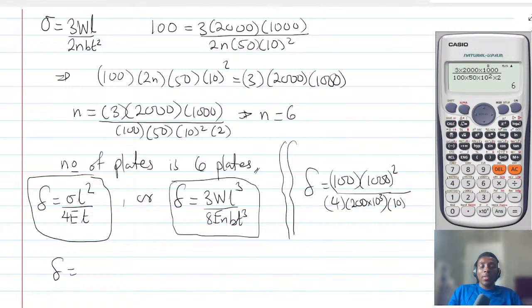So if you solve for the deflection, it will be 100 multiplied by 1000 squared divided by 4 multiplied by 200 times 10 to the power 3 multiplied by 10. So the deflection is 12.5 millimeters. That's all.